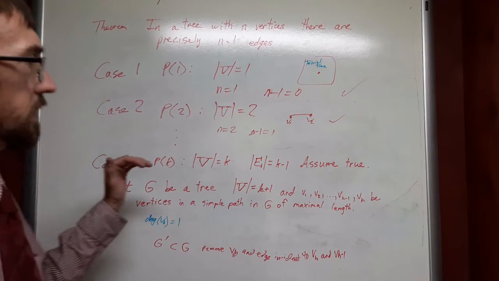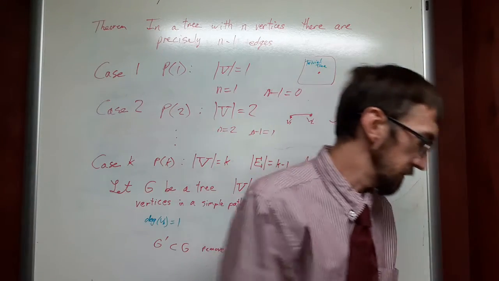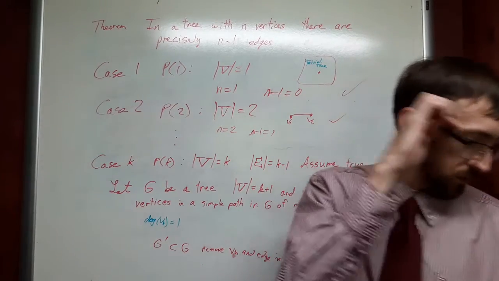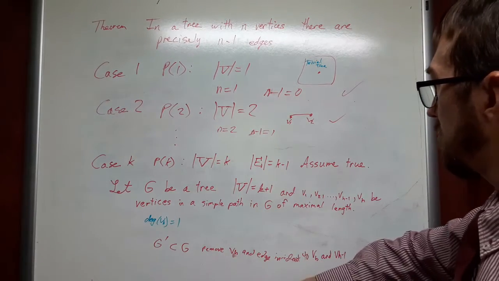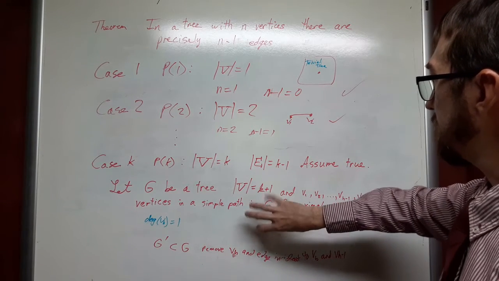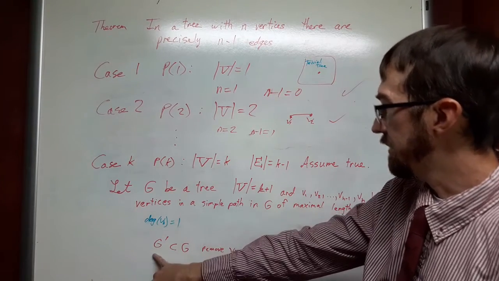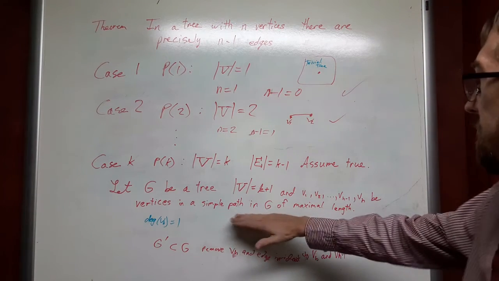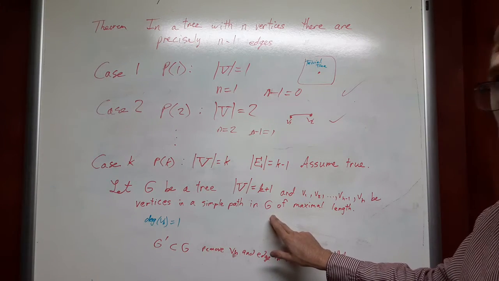All right, I talked about a theorem previously that gave us some information, and I didn't provide a proof for that. It said that there's a unique simple path between vertices in a graph. So even though we're removing a vertex and an edge, the other vertices in the subgraph are going to be connected by a simple path. So we still have the same kind of condition in G prime as we did in G.